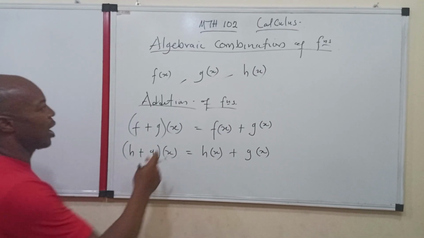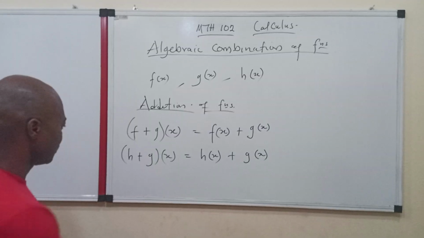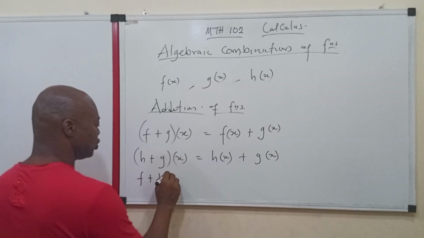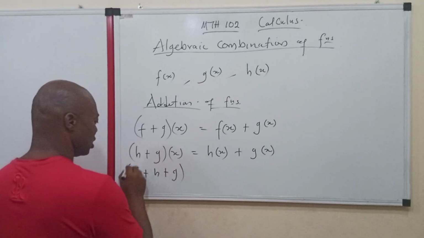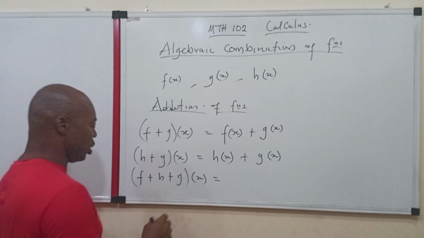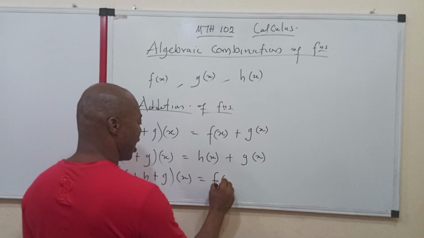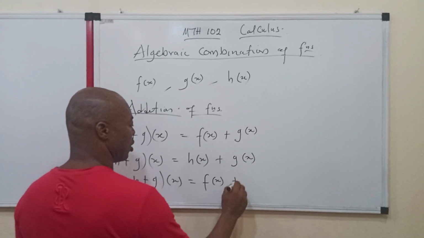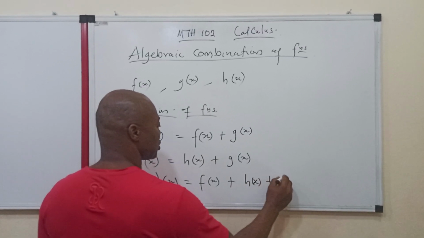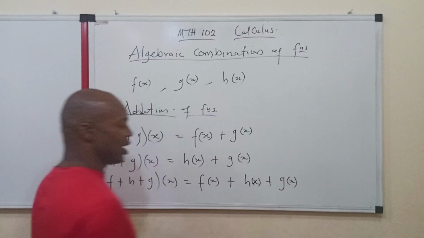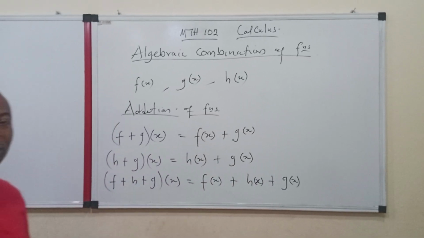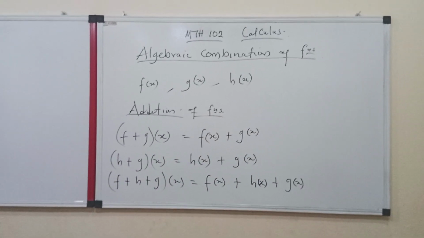Now, what if we choose to have all three, like (f plus h plus g) of x? This is also possible, where we have f of x plus h of x plus g of x, provided their domains are the same.